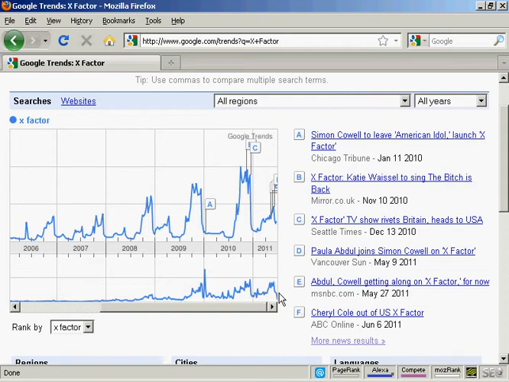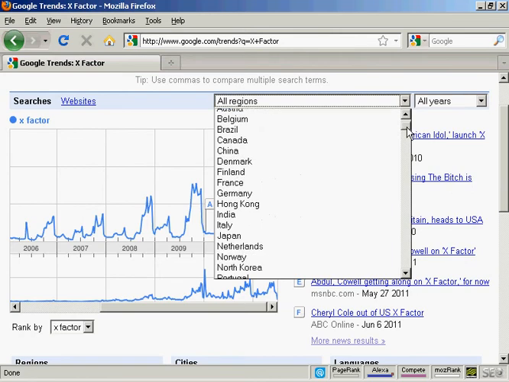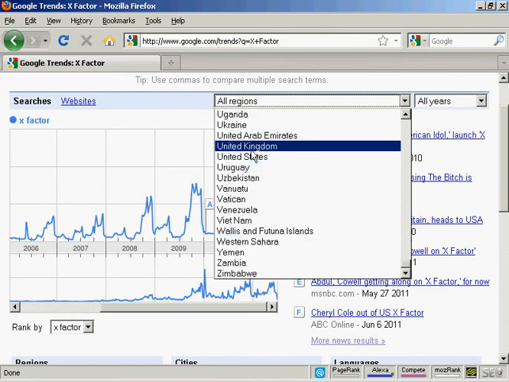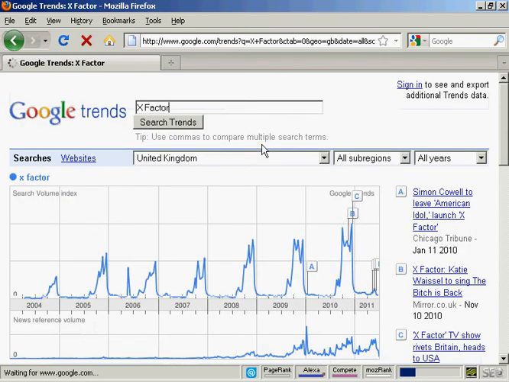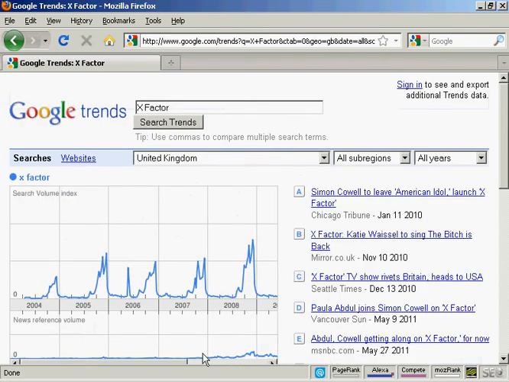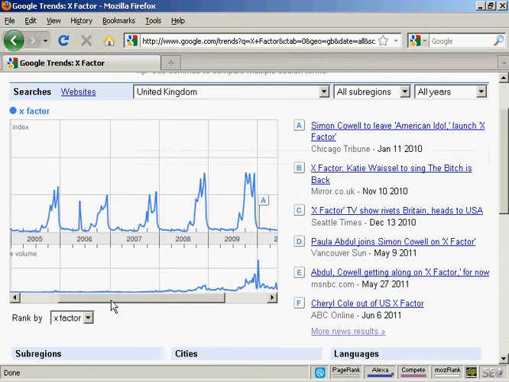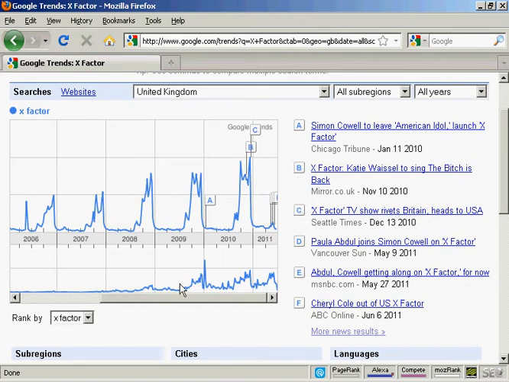And you can drill down here by region as well, because let's say we look at the UK, where the X Factor has been running for many years, and you can see here search volume goes up fairly regularly, and then you've got more news items and so on here.